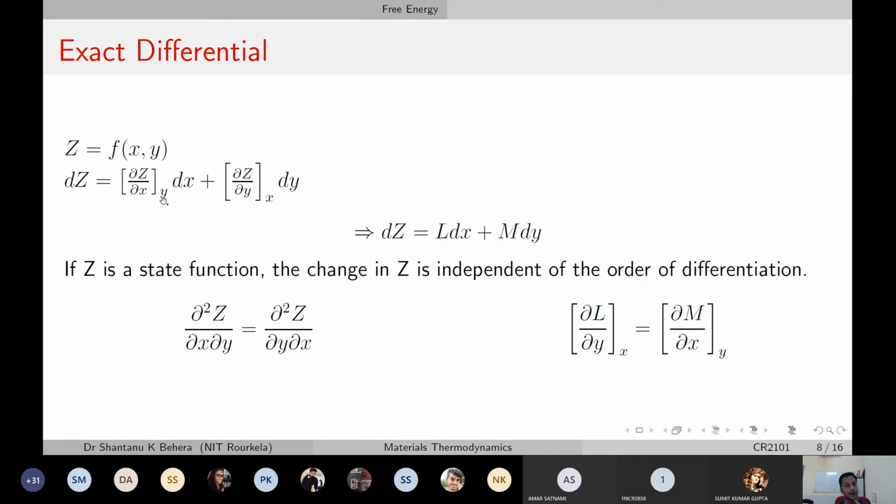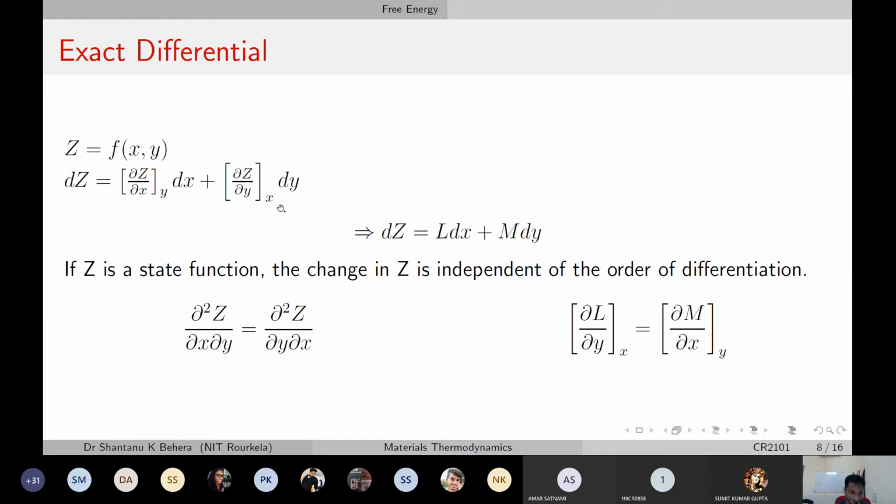Where we keep y constant and then slightly change x and then see the effect of the change of x on the change in z. And likewise, we see exactly the same thing. We keep x constant and with a small variation in y, which is another thermodynamic parameter, we see the change in z with the change in y, and we sum it up and see that this is the whole change.